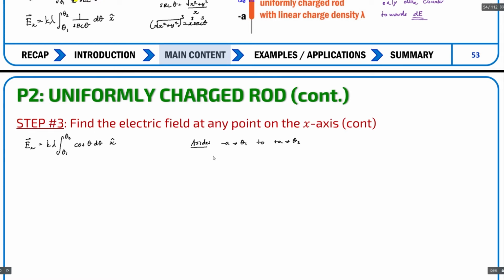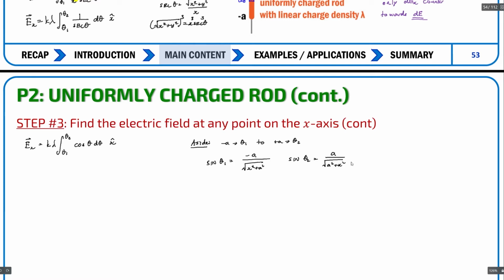So that means sine of theta 1 is going to be negative a over the square root of x squared plus a squared, because it's going down. And then you have sine of theta 2 being equal to a over the square root of a squared plus x squared.